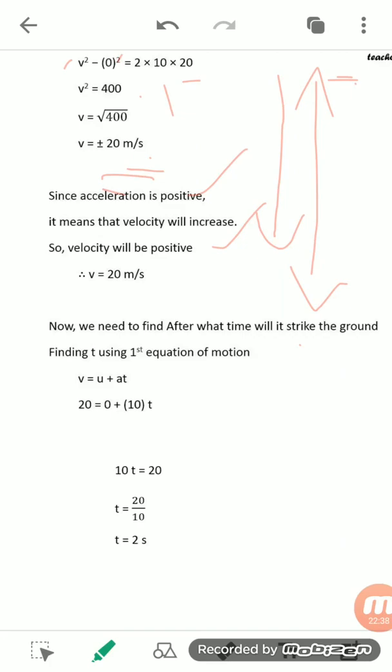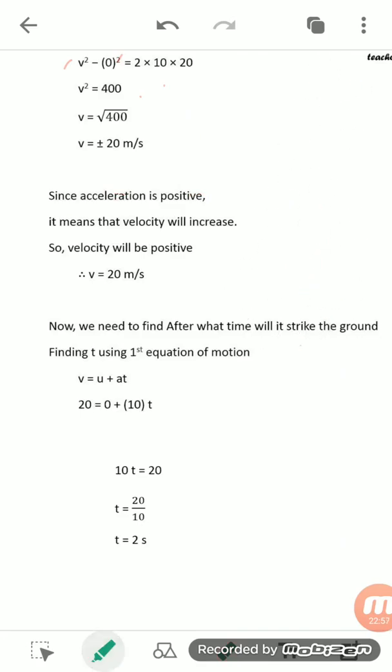Now what we have to find: we now know the final velocity, initial velocity, distance, as well as acceleration. We have to find the time. So you can use either the first equation or the second equation of motion. Why is it so?